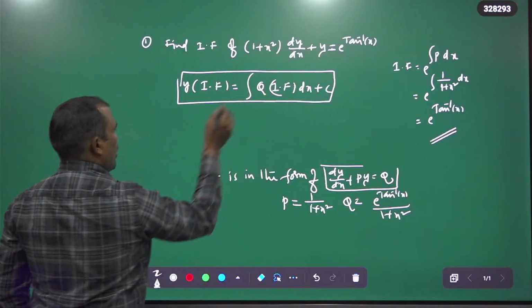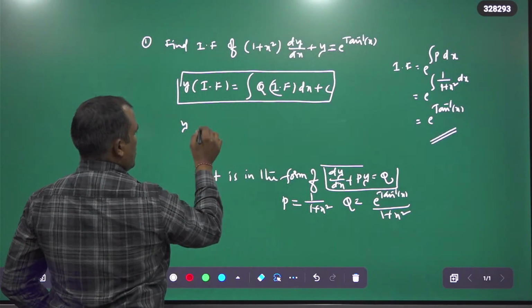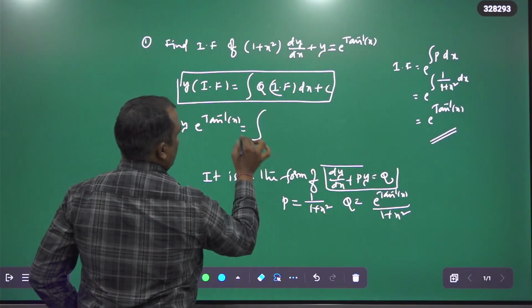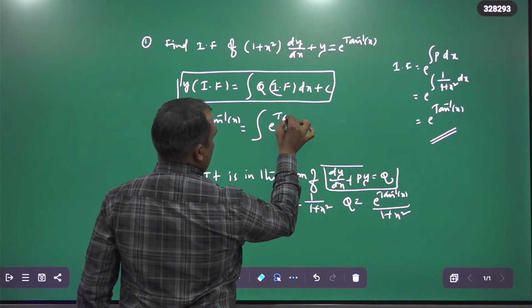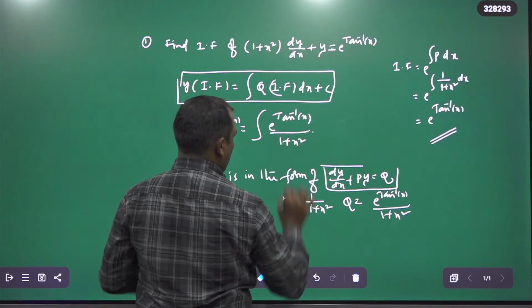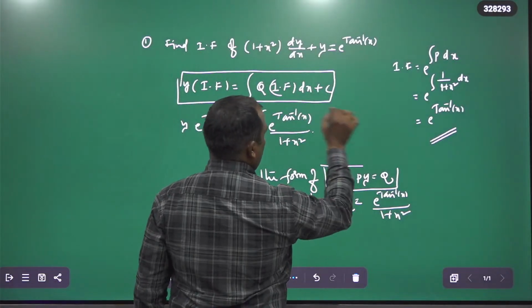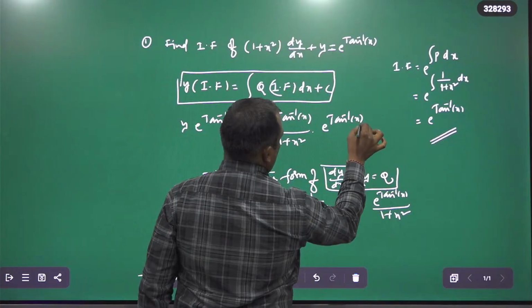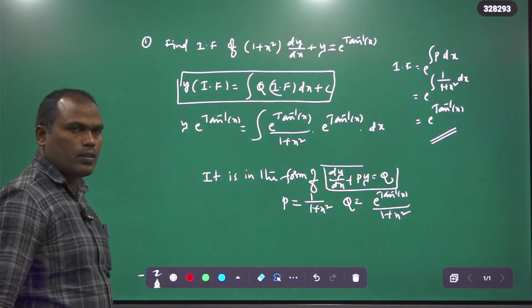Now y into the integrating factor, how much? e to the power of tan inverse of x, equals the integral of q. What is the value of q here? e power tan inverse of x by 1 plus x square, into the integrating factor, e to the power of tan inverse of x, dx.